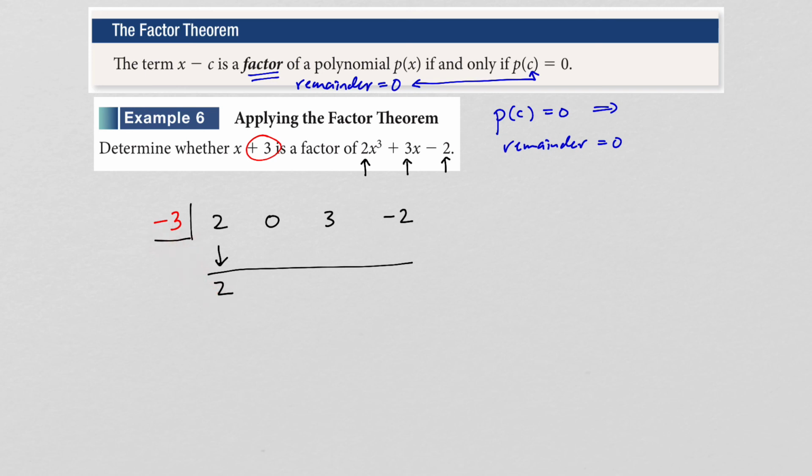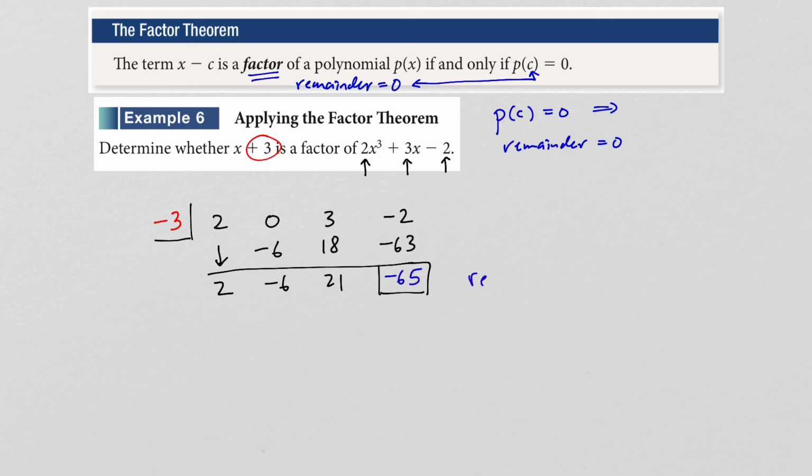Multiply here, add here, multiply these two, add, multiply: negative 3 times 21 is negative 63, and finally add these two numbers together, and we get negative 65.